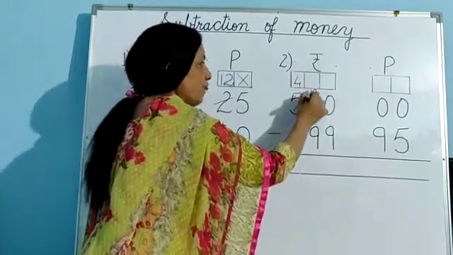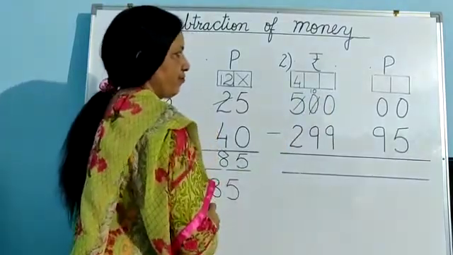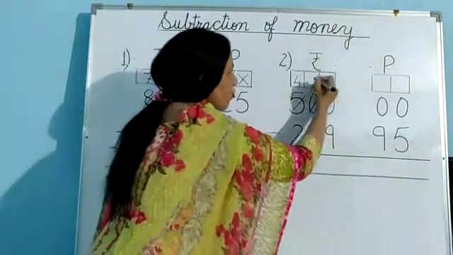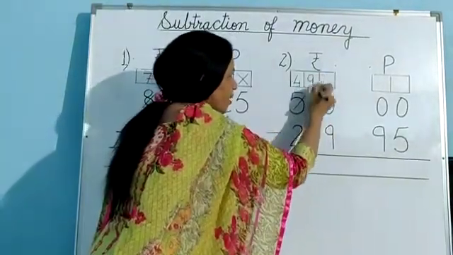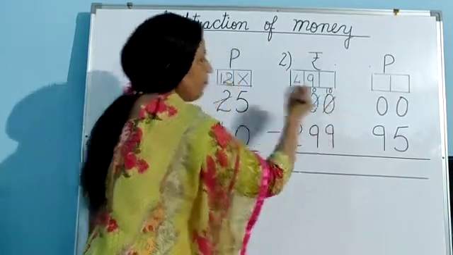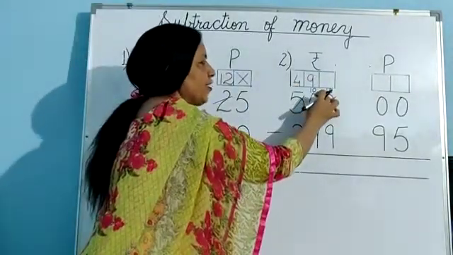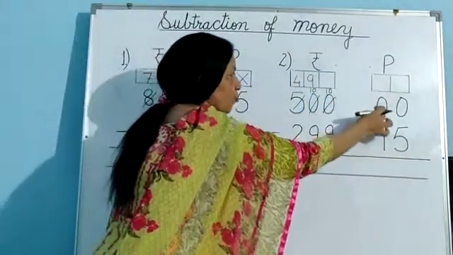Now this 10 will give 1 to this 0. This 0 will become 9 and this 0 will become 10. Now this 10 will give 1 to this 0.